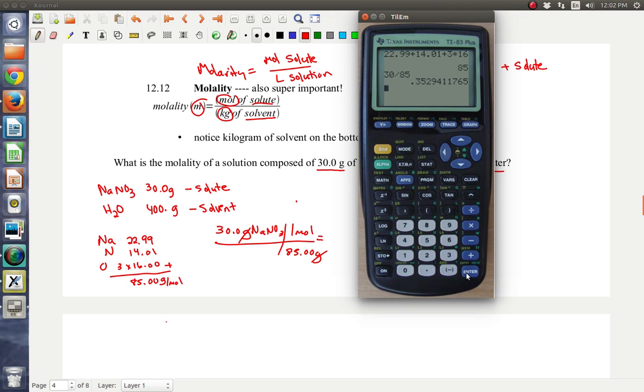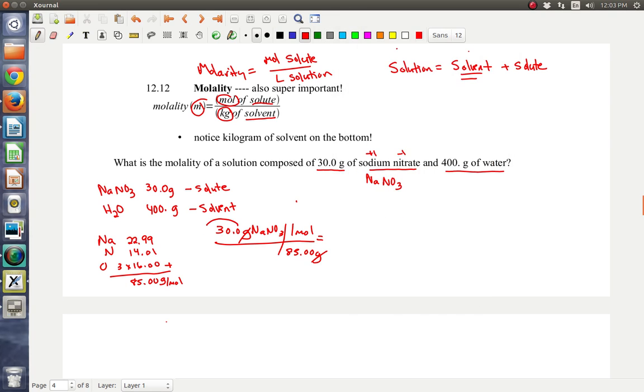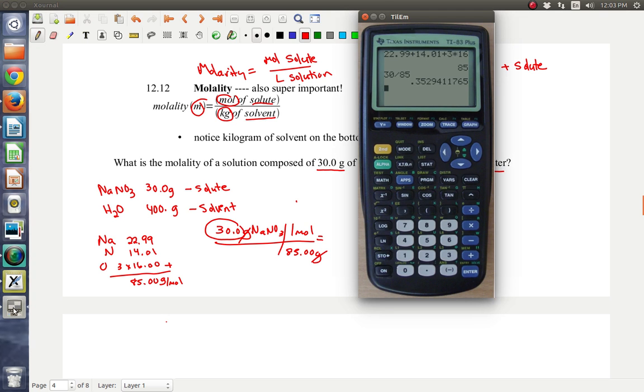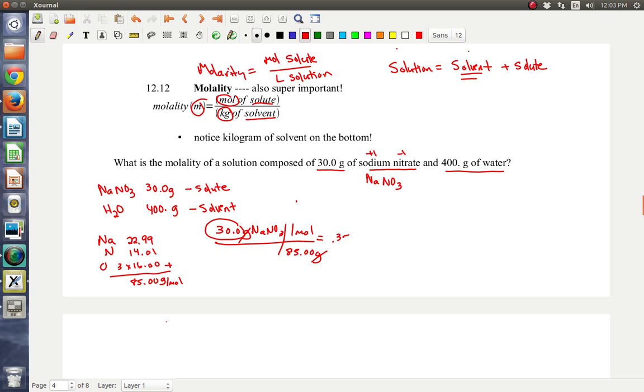And because there's 3 significant figures in my 30 number, then I'm going to need 3 significant figures in my answer, and it looks like that's going to give me 0.353. I'm going to have to round that 2 up to a 3. So 0.353 moles. So that's how much sodium nitrate I have.